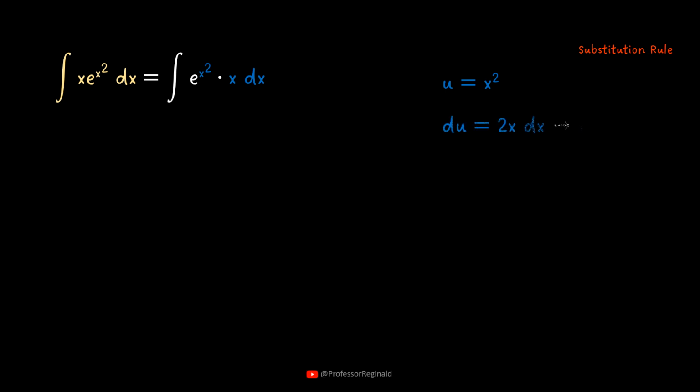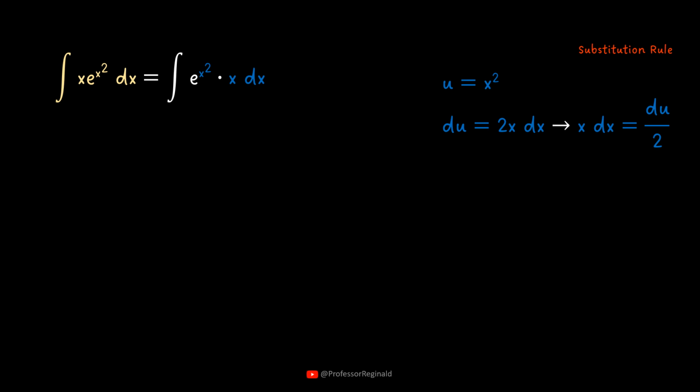However, if the given integral is the integral of x times e raised to x squared dx, this can easily be solved using substitution rule. Let u equals x squared. du is 2x dx, which means x dx is du over 2.